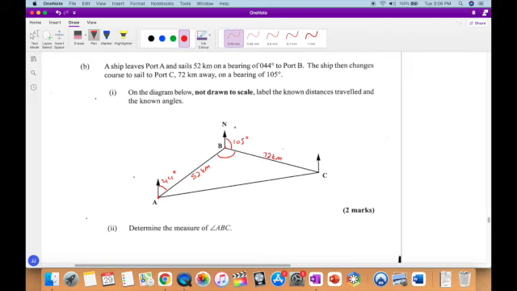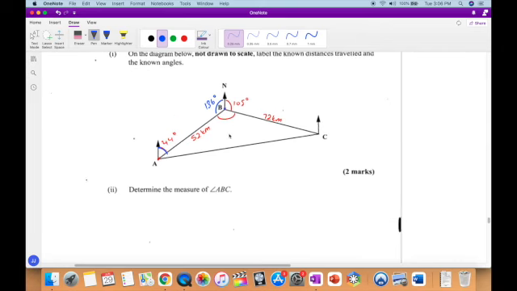ABC. And we can tell that these north lines are actually parallel. So if these north lines are parallel, that means that this angle and this angle here are co-interior angles which add up to 180 degrees. So 180 minus 44 means that this angle here is 136 degrees. And so this angle here being angles around a point, right?